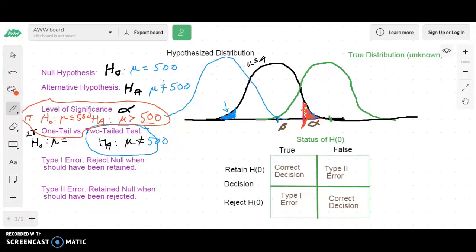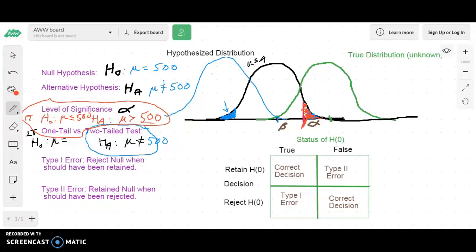Now, a couple problems with this to realize. The whole idea of statistics is basically that we're taking educated guesses. And most of the time, when we're taking a sample of a population, it's because we don't have the ability to find the mean, or whatever the data is, of the entire population.